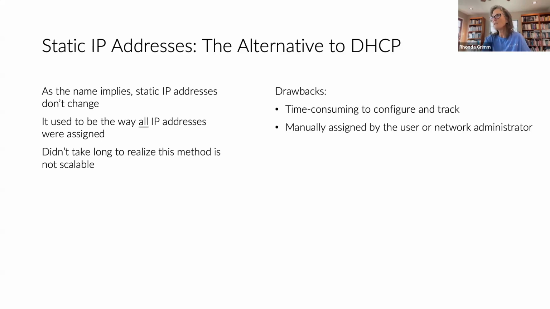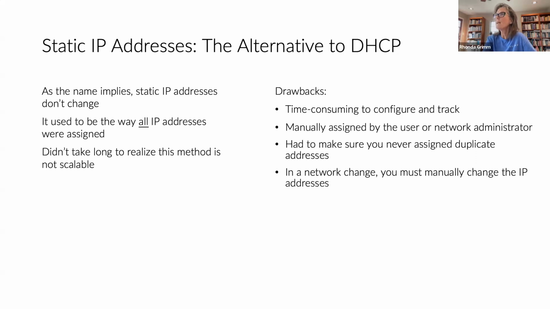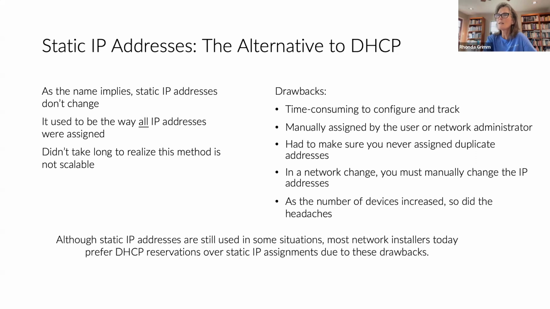You'd have to manually assign it by the user and network administrator. You had to make sure there were no duplicates. And if the network changed, you had to manually change all those IP addresses. So, what could possibly go wrong? So even though you still have uses for static IP addresses, most network installers today use DHCP reservations due to the issues.